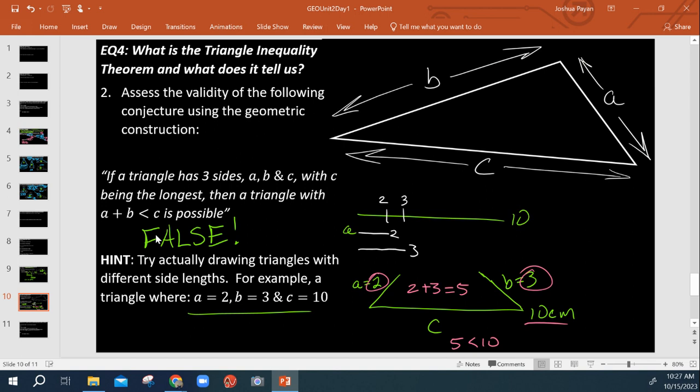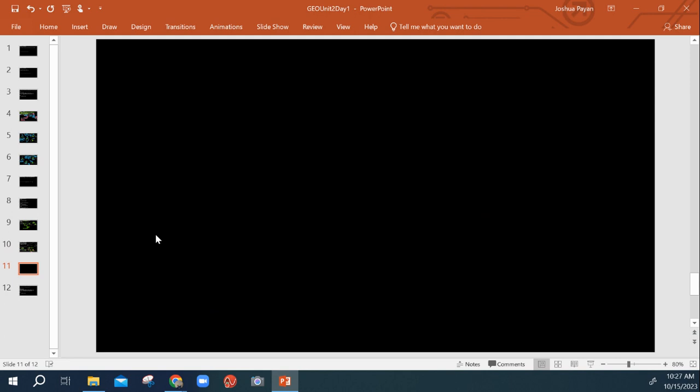So what does this tell me? Well, because we have a contradiction, this implies that A plus B should be greater than C. This is of course where A, B, C are all greater than 0.